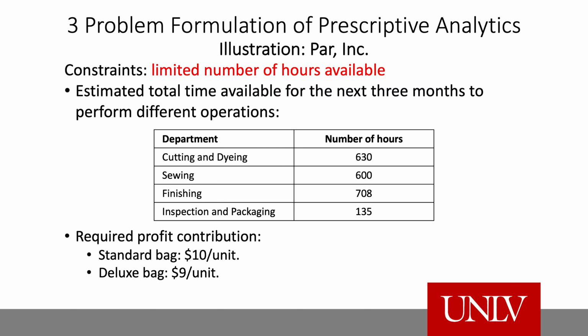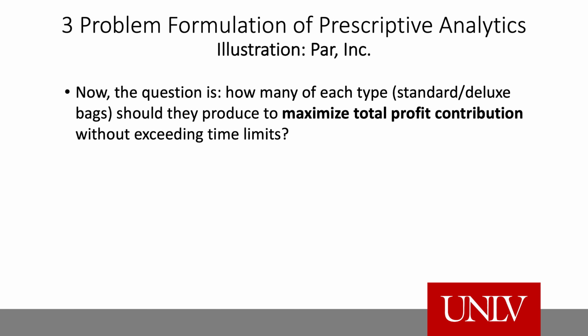They only have 630 hours for cutting and dyeing, 600 hours for sewing, 708 hours for finishing, and 135 hours for inspection and packaging. And they defined the profit, which is $10 for standard bags and $9 for deluxe bags. So these are the parameters and constraints we already understand. What they want to know is how many of each type they should produce to maximize profit without exceeding the time limits.